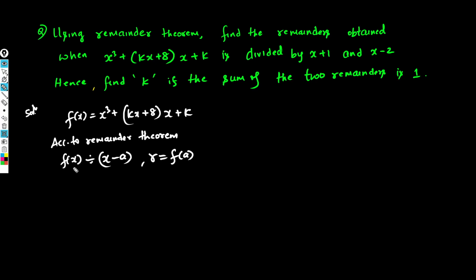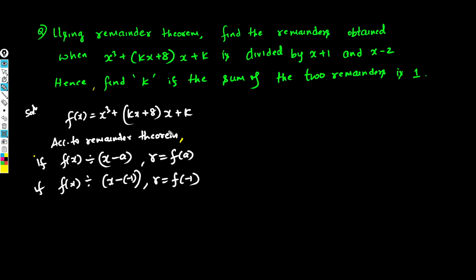In the same way, if this polynomial f of x is divided by x plus 1, I can write this x plus 1 as x minus of minus 1. Then the remainder would be f of minus 1. I hope this is clear.